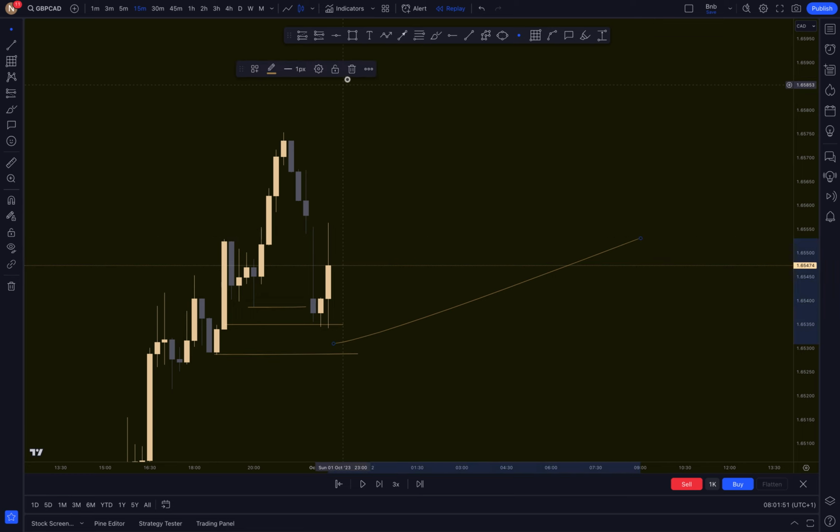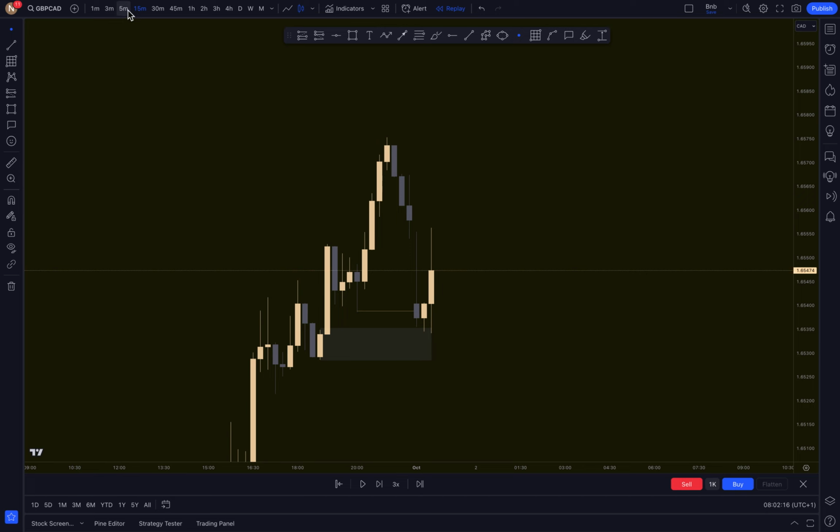Once price took out this external liquidity, what were we expecting? Price took out external liquidity, tapped into an order block or a demand zone in a bullish scenario.